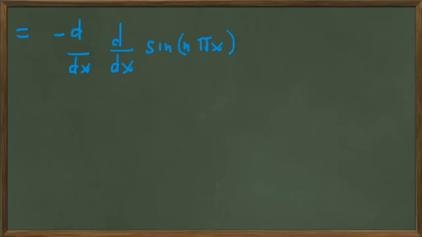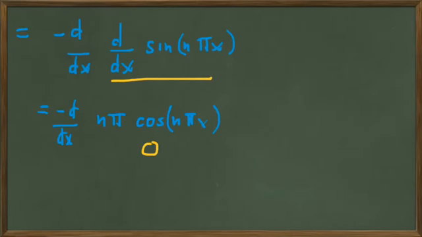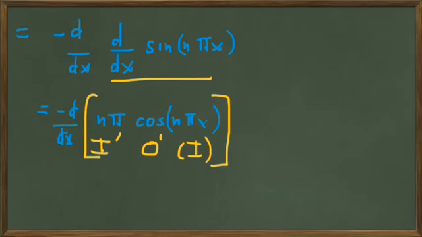So continuing, we're going to perform this action, which gives us the outer prime of the inner times the inner prime, and then we need to take the derivative of this expression again and multiply it by a negative sign.